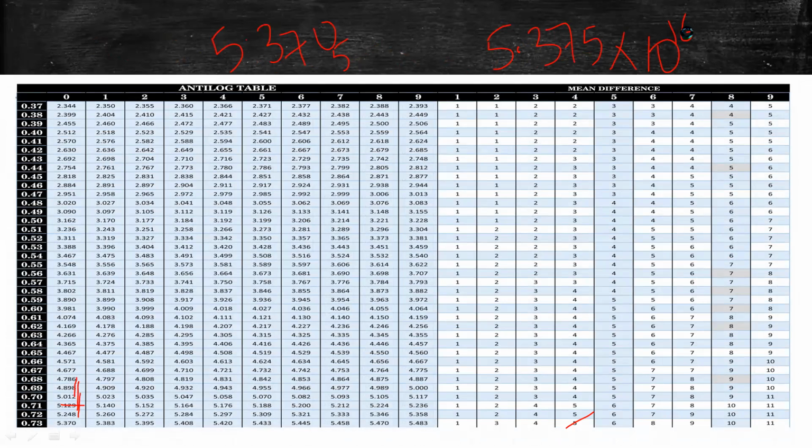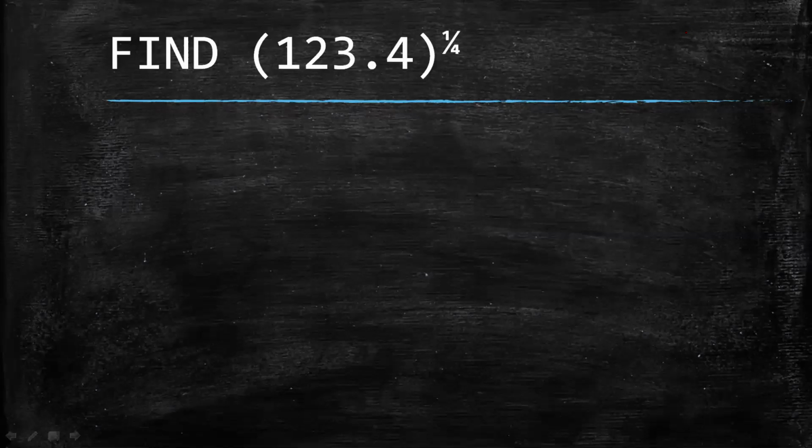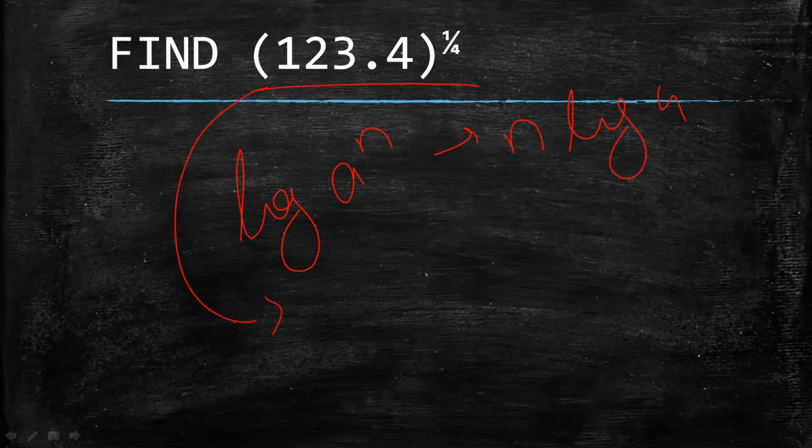The same can be applicable if you want to find out fourth root or fifth root or even any root number. Here also you can use the formula log of a raised to n is equal to n log a. Here I'm going to write this as log of 123.4 power 1 by 4.